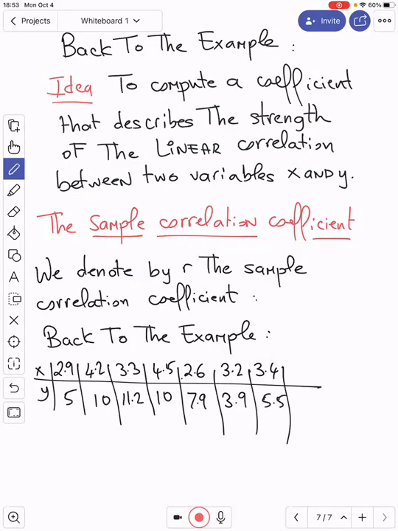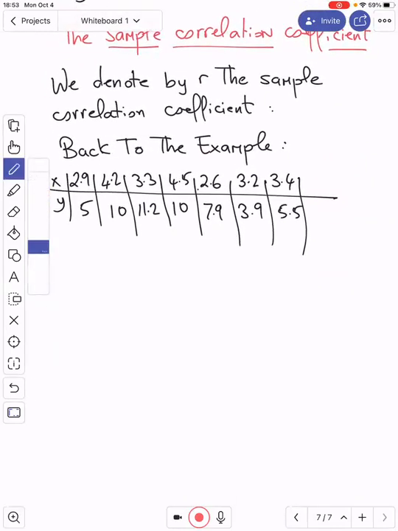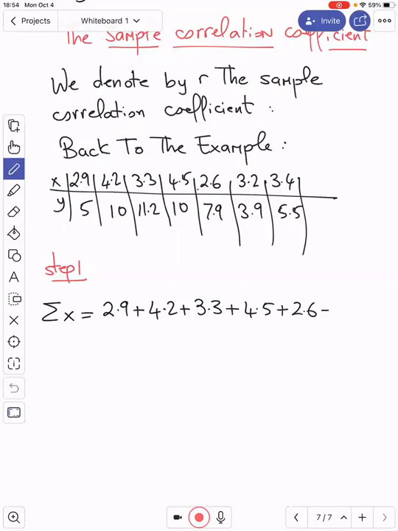So first step, we're going to compute the sum of the x's. So we need to find the sum of the x's. In this example, that will be 2.9 plus 4.2 plus 3.3 plus 4.5 plus 2.6 plus 3.2 plus 3.4.